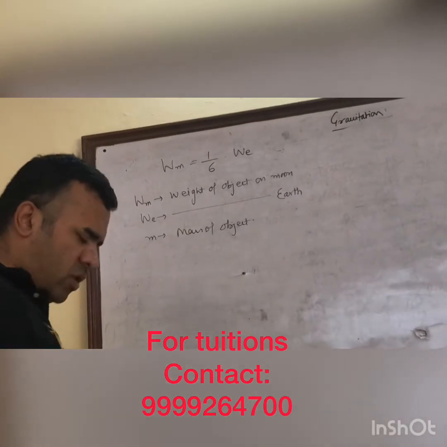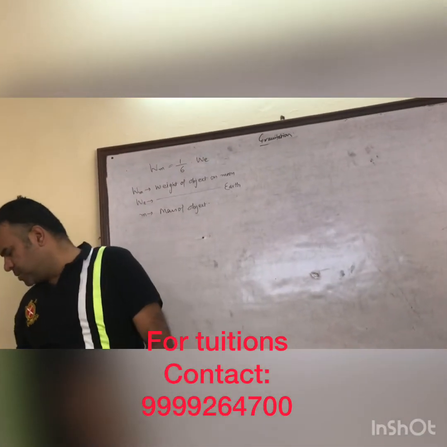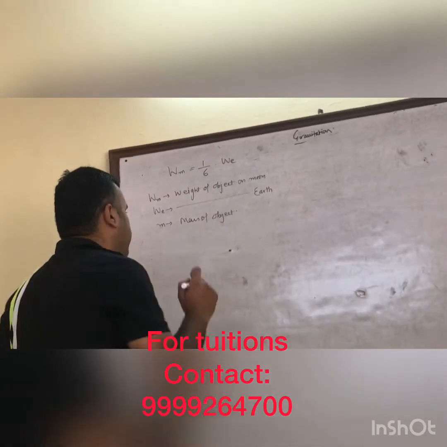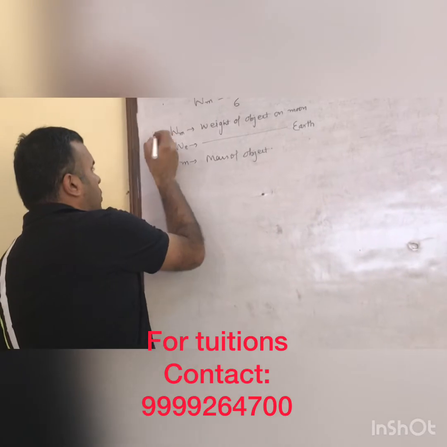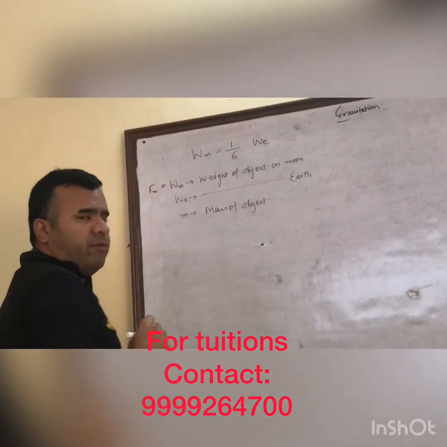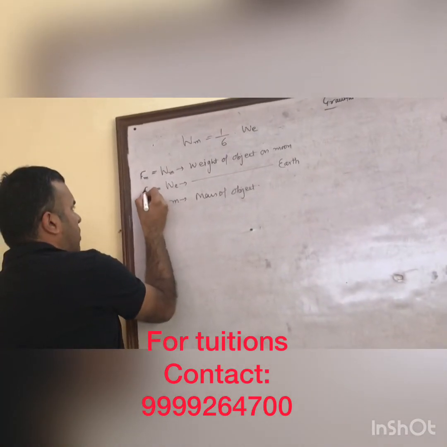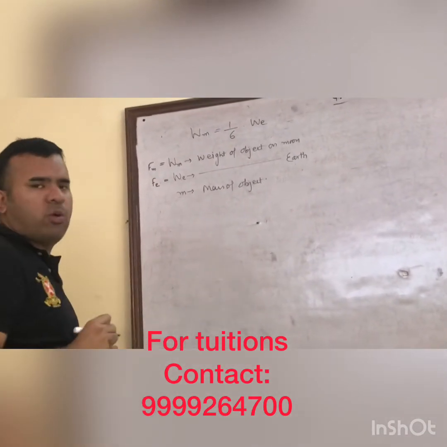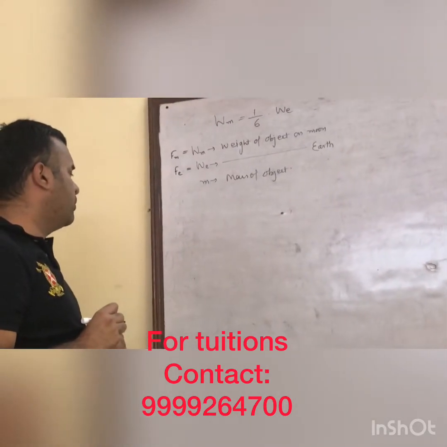Mass is a fixed quantity. Already I have told you, mass is the actual quantity of matter which is present inside the body. And more terms will come: weight of object on moon and Fm, force of object on moon, would be same. Weight of object on earth and force of the object on earth would be same. Now how will we prove this?